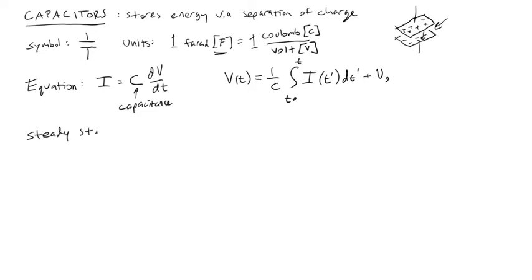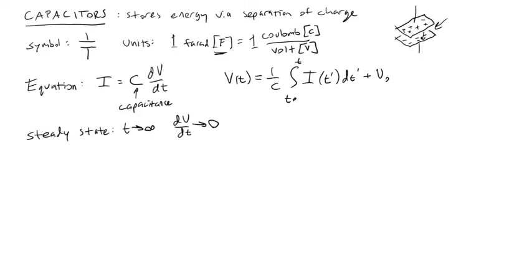First is that in steady state, so time is approaching infinity, things are no longer changing, meaning our derivative, dv/dt, is approaching zero. In general in engineering, when we say steady state, we mean things aren't changing, your derivatives are zero.